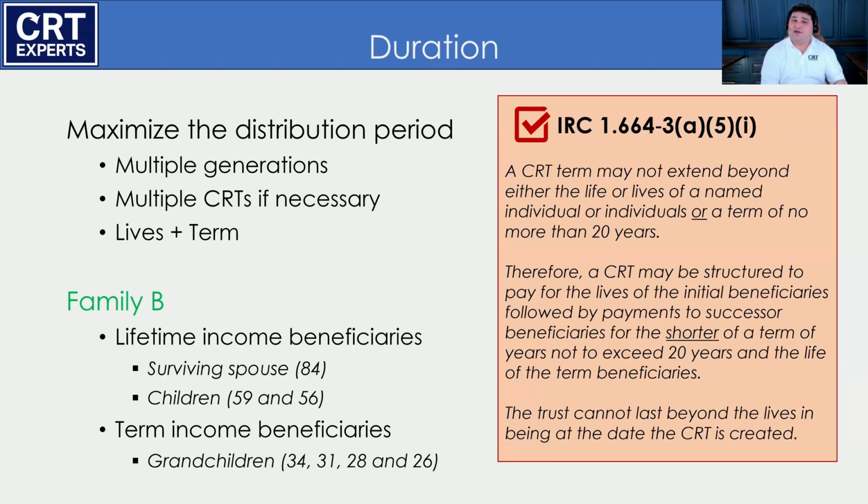The IRS uses a monthly interest rate called the Section 7520 interest rate. Per those assumptions and the trust payout rate, everyone's age is considered, and at least 10% on a present value basis of what goes into the trust has to be projected to go to charity. It does not mean that 10% has to go to charity as it actually plays out. This is just the test that we have to pass up front.